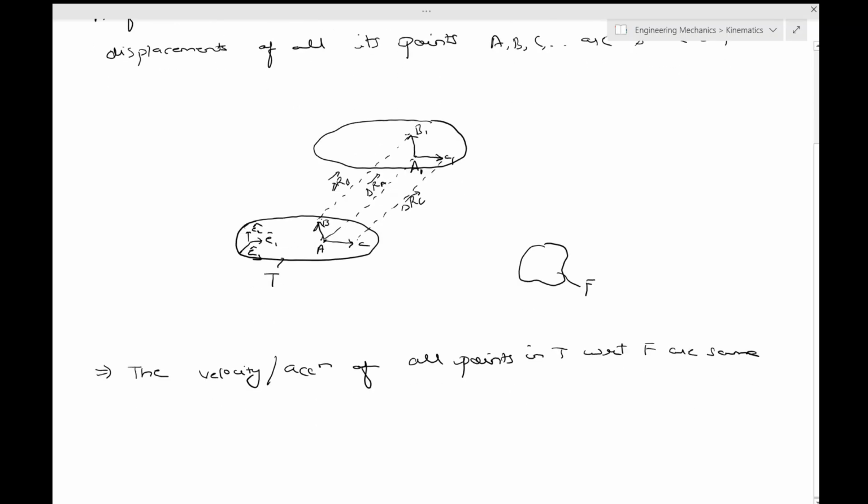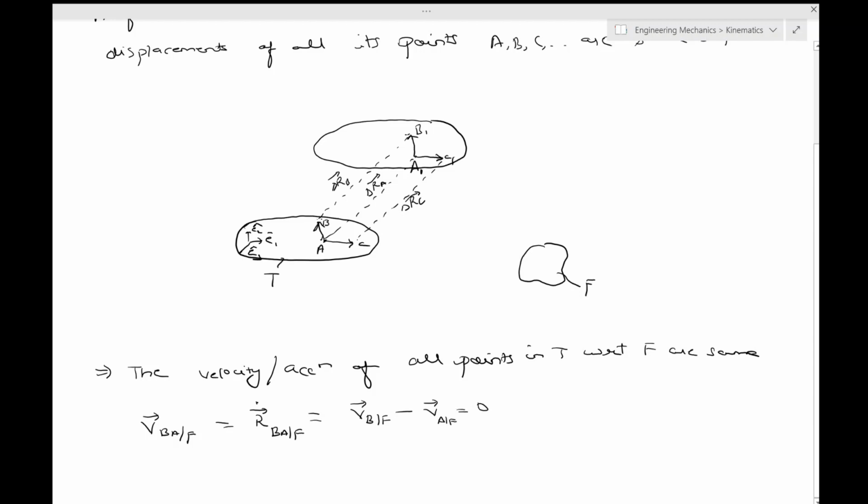And if we want to write that mathematically, velocity of BA with respect to F is equal to R dot BA with respect to F, and it is equal to VB with respect to F minus VA with respect to F, which is equal to 0.